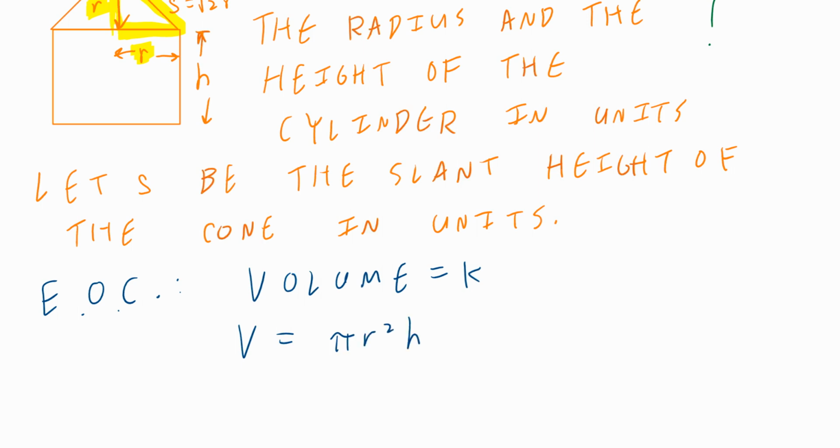That's going to be the volume of the cylinder at the bottom, plus 1 divided by 3 times pi r squared times r for the volume of the cone that is surmounted. So again, don't forget this equals K.